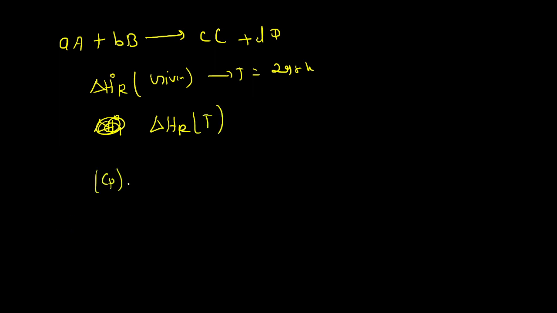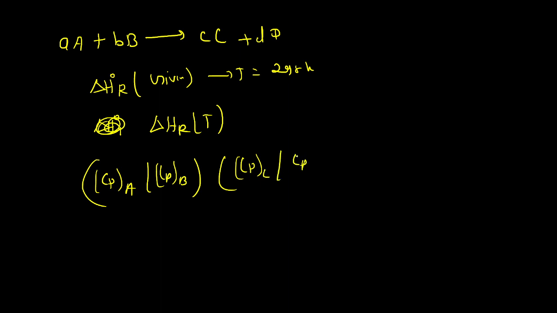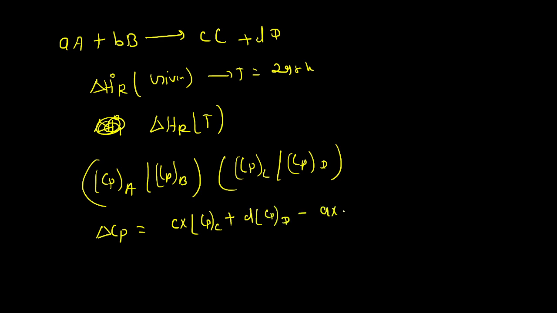So Cp of A is given, Cp of B will be given for the reactants, Cp of C will be given, and Cp of D will be given. So delta Cp you can write equals c multiplied with Cp of C plus d multiplied with Cp of D minus a multiplied with Cp of A minus b multiplied with Cp of B, right?